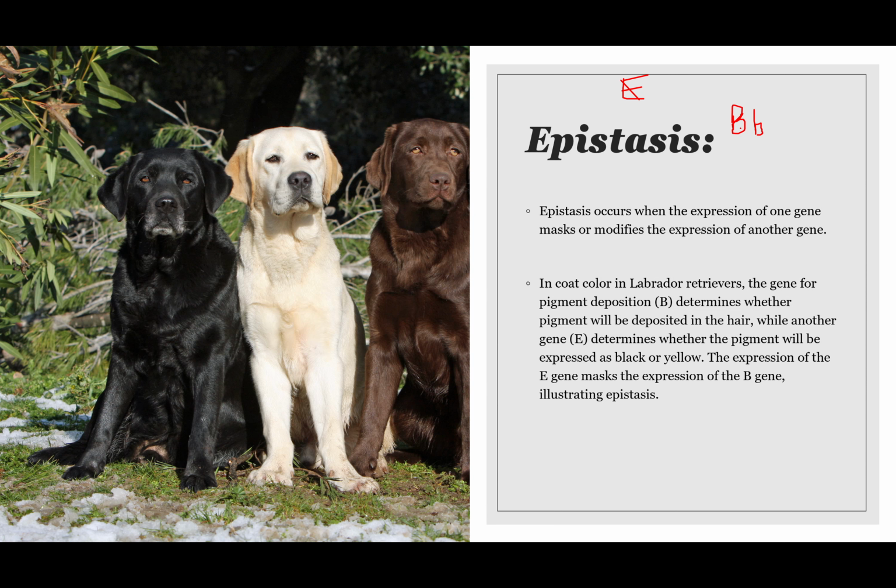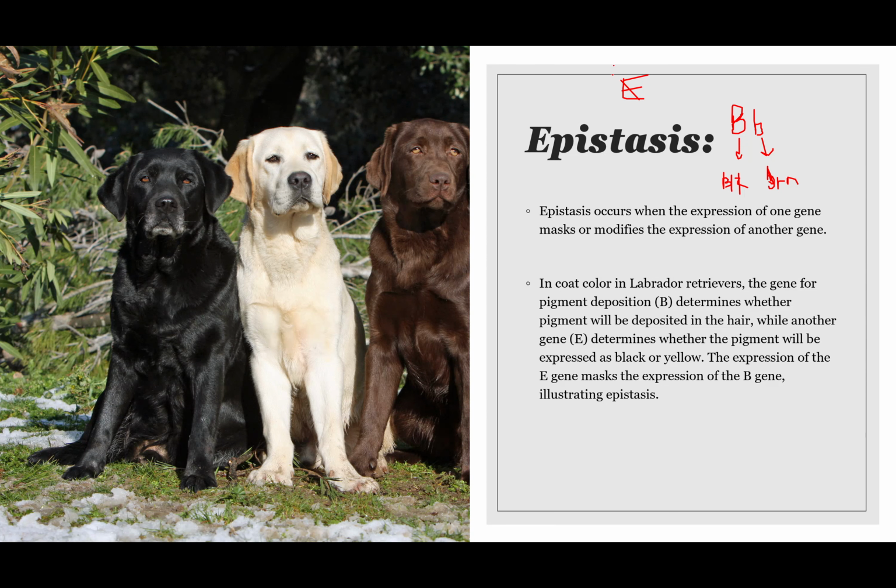Large B gives us a black coat, we just put BLK here, and a small b gives us brown, BRN. Following so far? So we have two alleles that give these two.